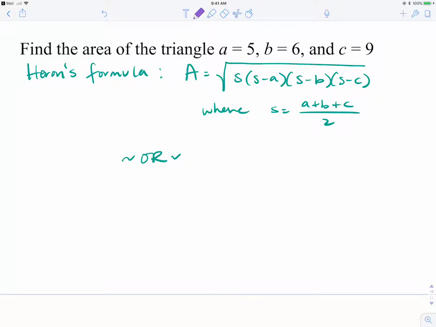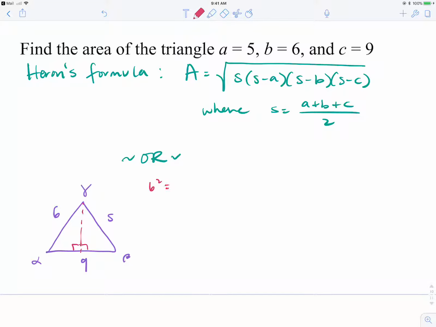The way that I would do this is, okay, if we have a triangle, alpha, beta, gamma, A is equal to 5, B is 6, C is 9. Okay, if we can drop it perpendicular, we then create 2 right triangles where we would want to solve for beta or for alpha. Now, I'm going to solve for beta. So I can use Law of Cosines to solve for beta.